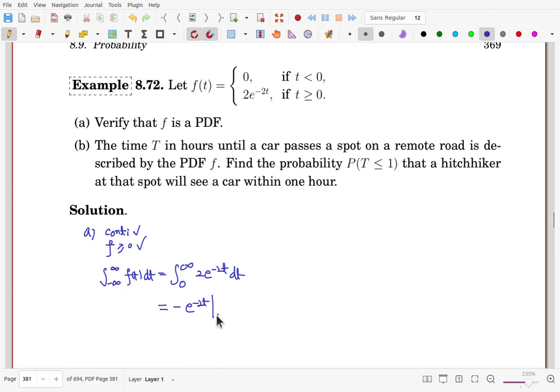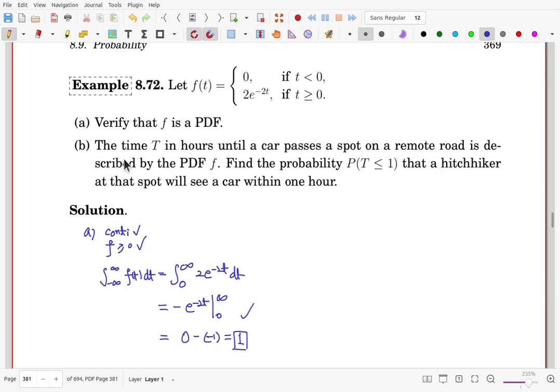So we are evaluating from 0 to infinity. Now, at infinity, it's 0. And at 0, it's minus 1. So here the value is 1. Okay. So these three conditions are satisfied, so it is a PDF.